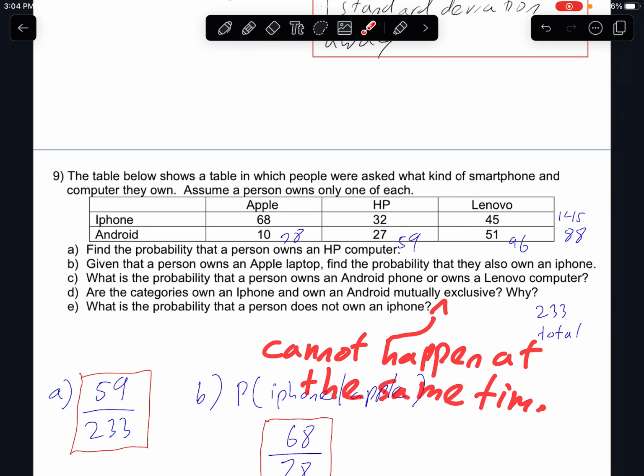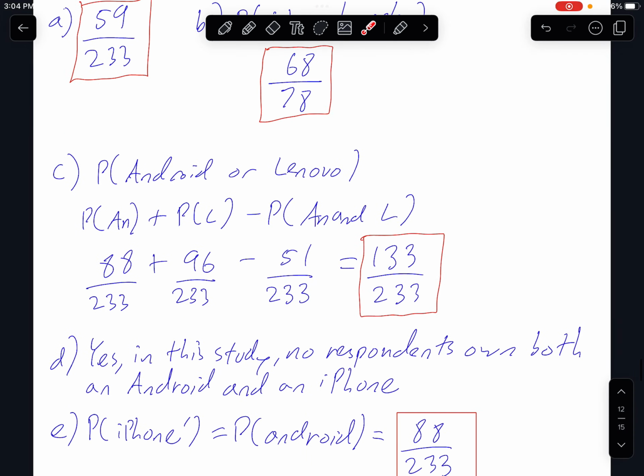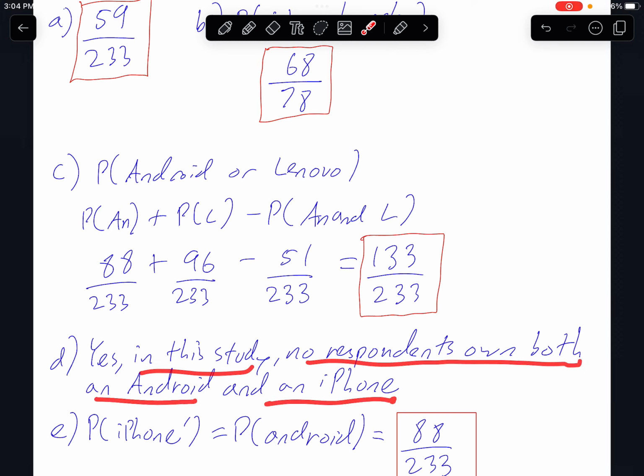When two categories are determined to be mutually exclusive, that means they cannot happen at the same time. And since this says assume a person only owns one of each, that means yes, these categories are mutually exclusive. And the reason is, in this study, no respondents own both an Android phone and an iPhone.